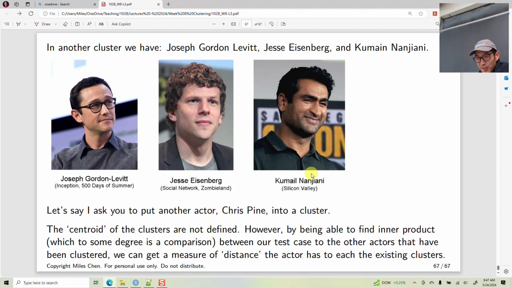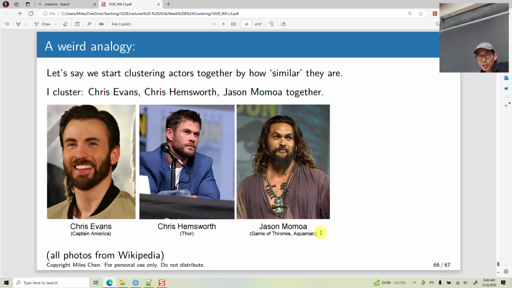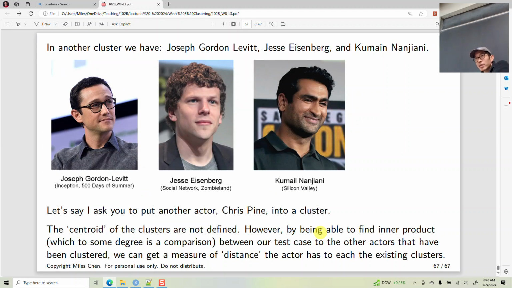And so let's say you get a new actor, and I say, try to put him into a cluster. Well, what is the centroid? Is there a centroid for these actors? That doesn't quite exist, right? The centroid for the actor would be the average of these different people, and what does that even look like?